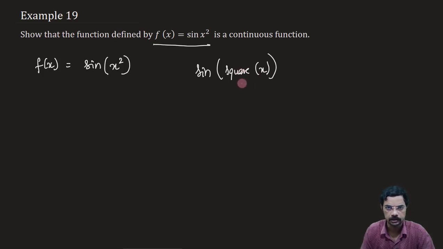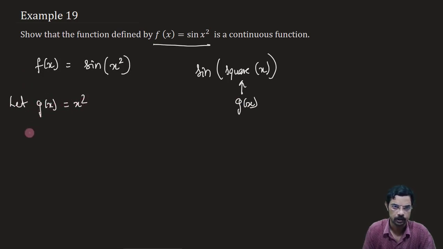So let me take this as g of x. Let g of x be equal to x square.